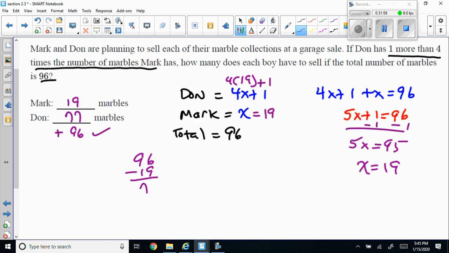Yeah, that should be 77, right? It'll be 16 minus 9, which is 7. Borrow 1 from my 9. Get 8 minus 1 is 7. 77. Either way, there you go. All right. Any questions on this? Y'all good?